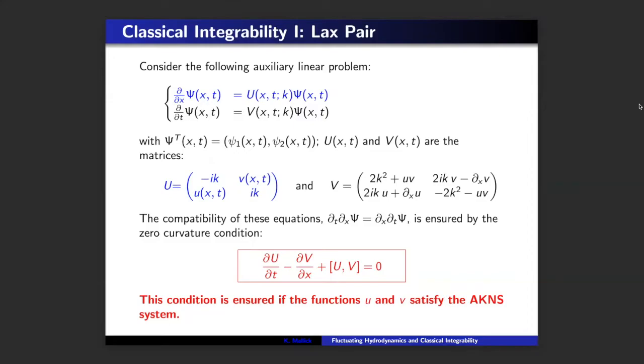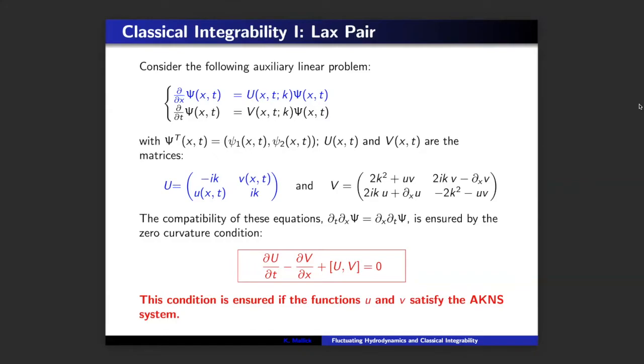Okay, so now suppose I take U to be given by this blue matrix and V given by this matrix, which contains a wave vector or spectral parameter k and two functions u and v, which are a priori arbitrary. I do my calculation, I take the time derivative of this one, the space derivative of this one, I take the commutator of this one, and I plug into this condition.